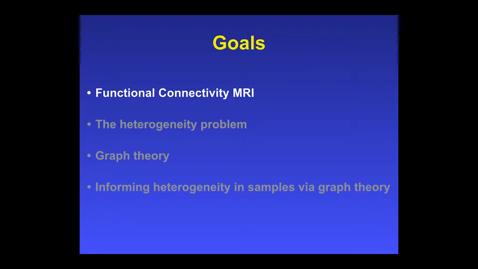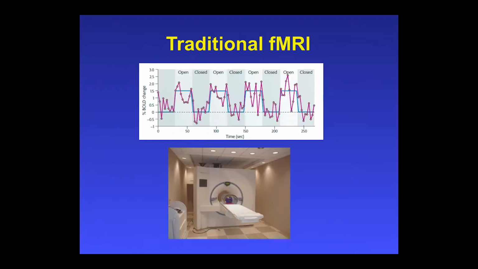All right, so most people have heard at this point, in the popular press or in other media, what traditional fMRI is. In this case, what we typically do is we have a subject go into a brain scanner that looks much like this here, and we have them do some task that's interleaved with some type of control task.